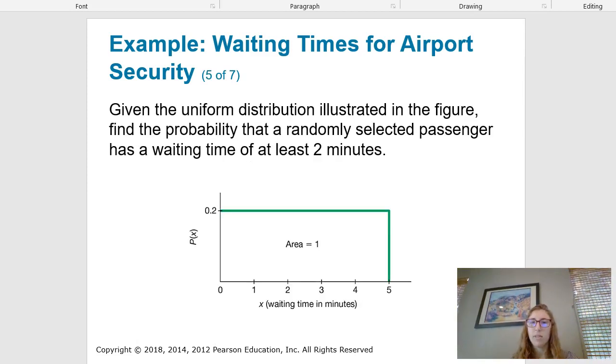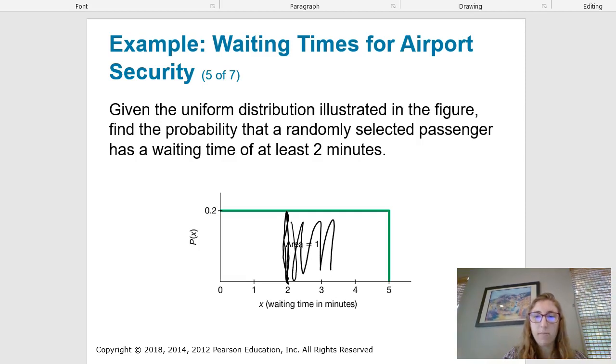Given this uniform distribution, which we just created for ourselves, we want to find the probability that a randomly selected passenger has a wait time of at least 2 minutes. Remember, area corresponds with our probability. So essentially in chapter 6, we're going to be creating pictures for ourselves, and we should be shading in our areas. We want at least 2 minutes, so that's going to be 2 minutes or more.